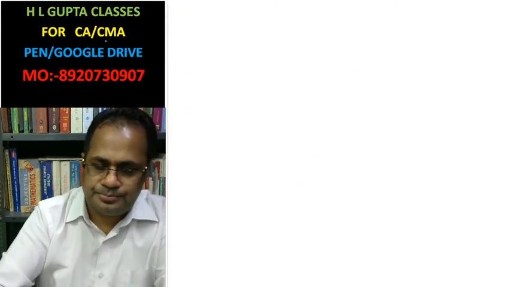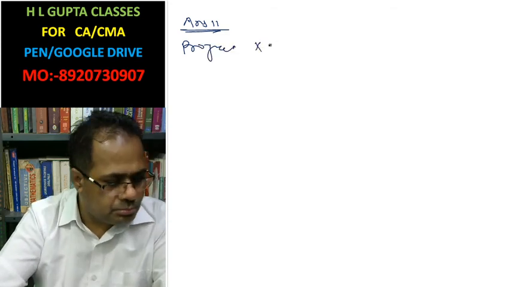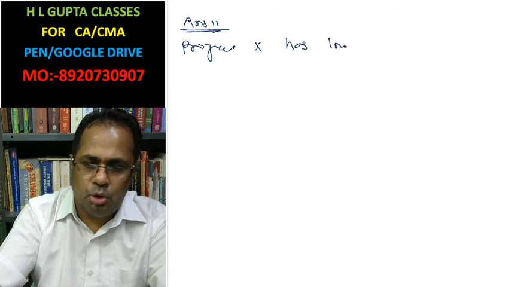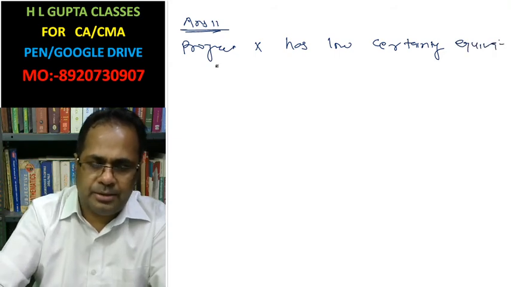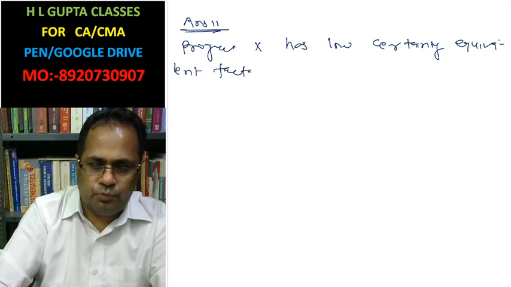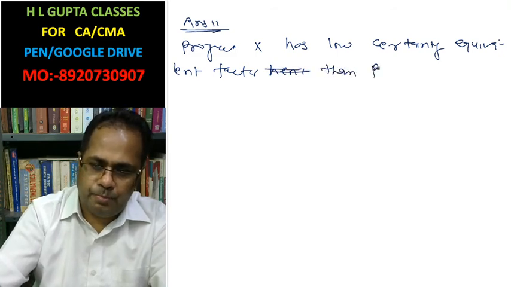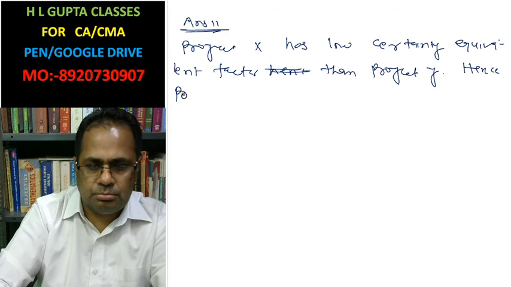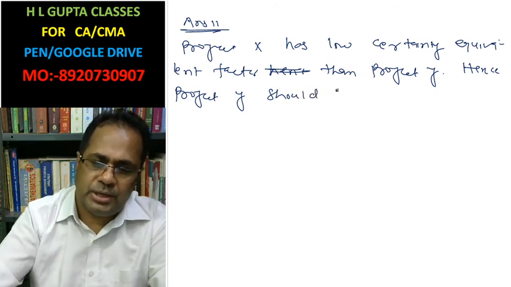Okay, look at it. Answer of second part: project X has a low certainty equivalent factor than project Y, hence project Y should be selected.